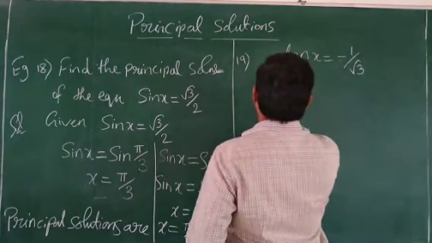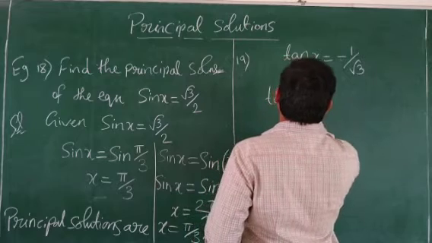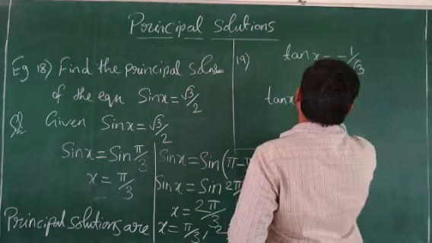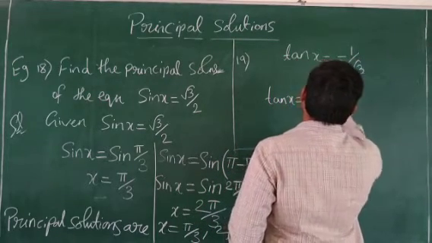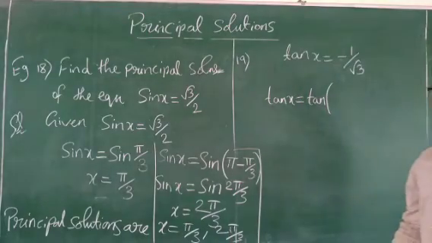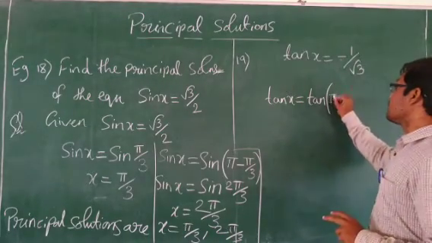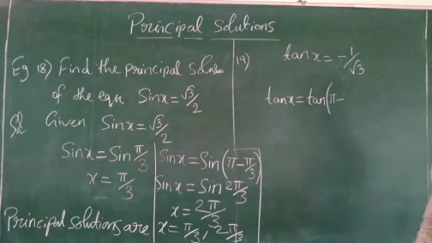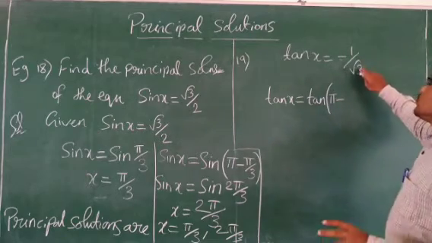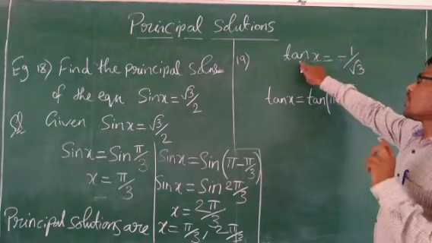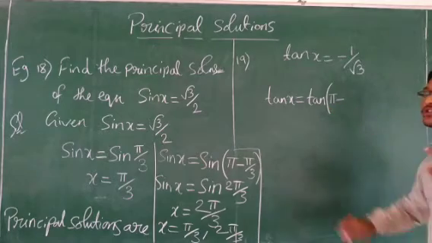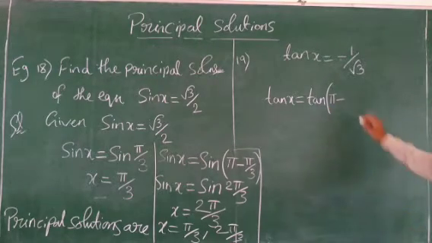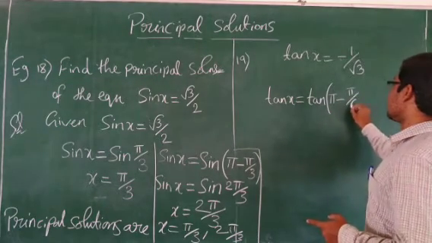So tan x equal to minus 1 by root 3 can be written as: it should come in the second quadrant. In the second quadrant means we should take pi minus. In the second quadrant always you should consider pi minus, then 1 by root 3. For what value of tan do you get 1 by root 3? For pi by 6.